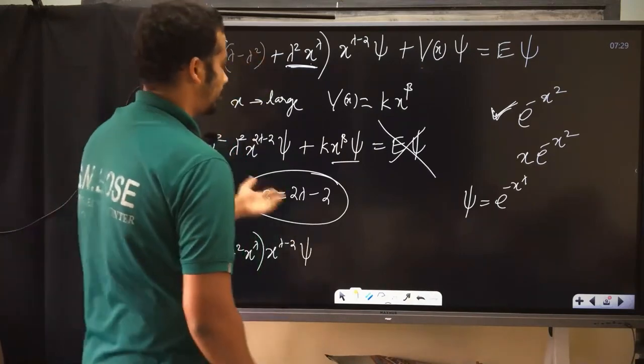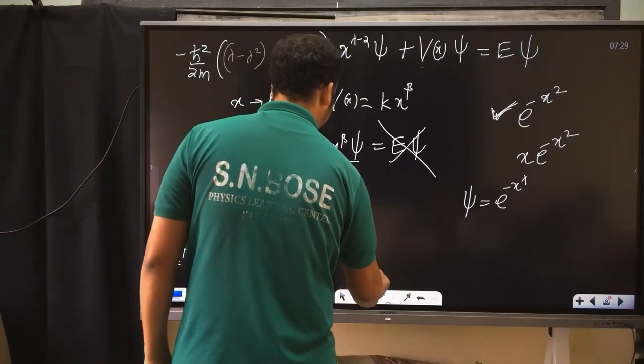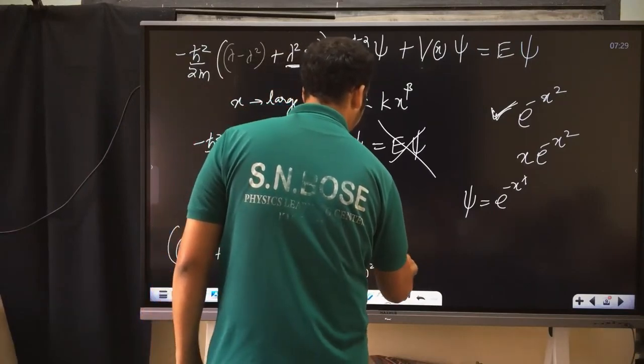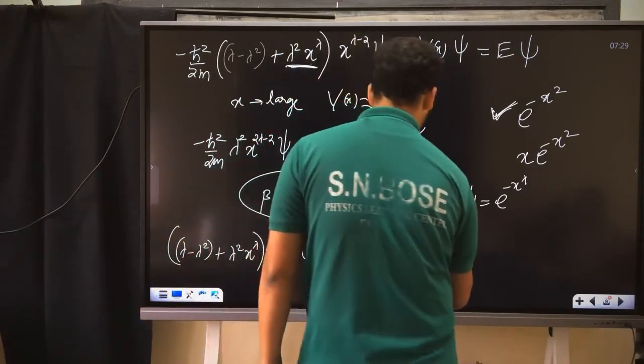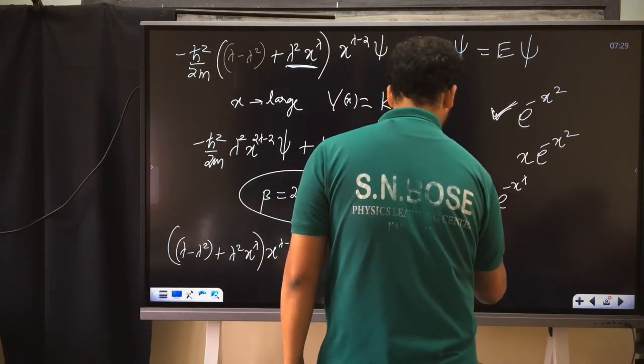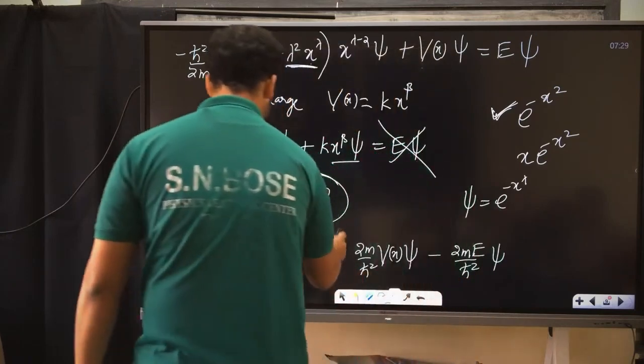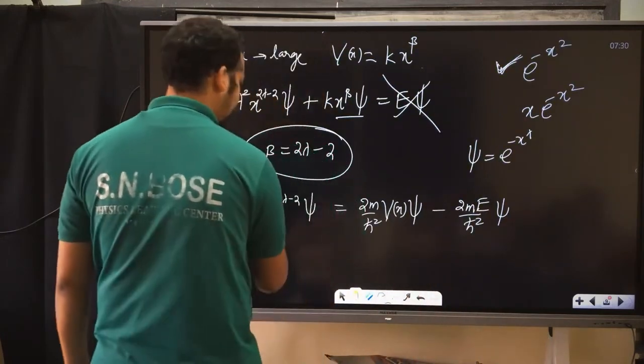Am I right? That's equal to 2m by h bar square v of x psi minus 2m e by h bar square psi. Now this should go with this one.